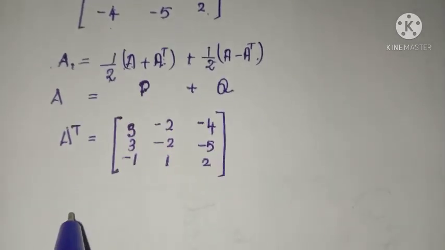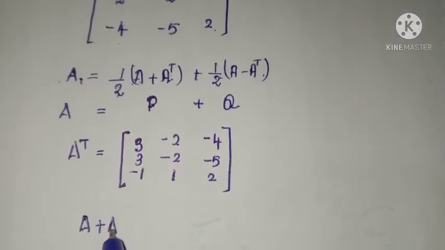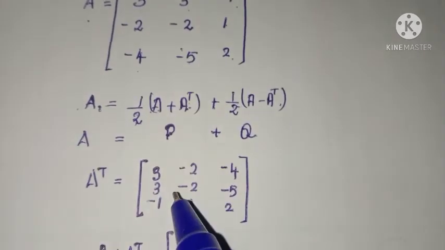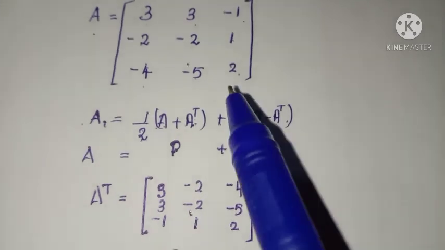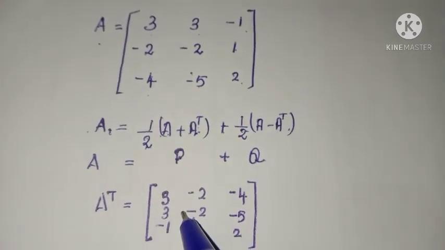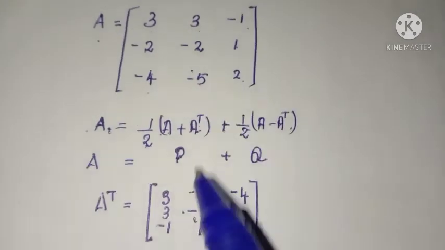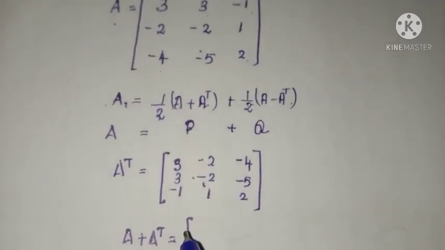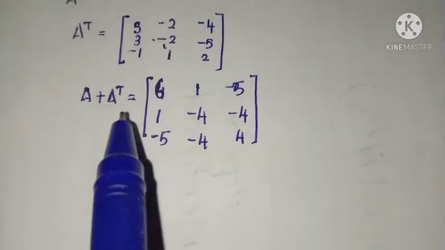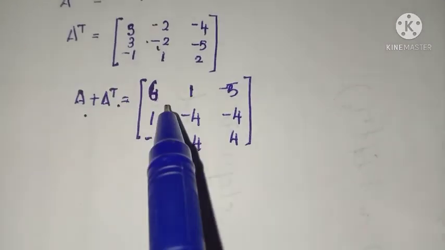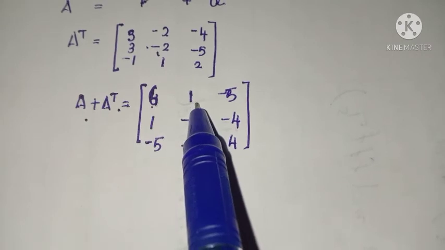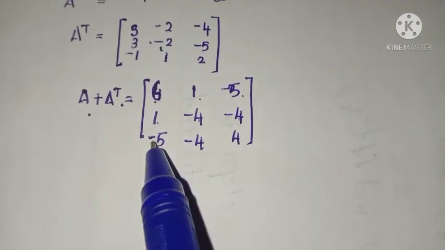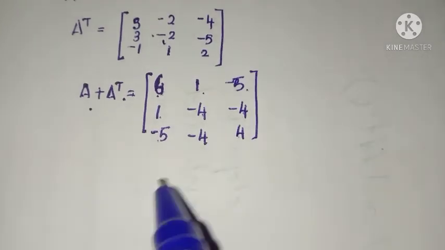Now what is the sum of A and A transpose? Sum means just add A and A transpose, that is element wise addition. Okay, corresponding elements we have to add so that the resulting matrix becomes, please note down, A plus A transpose equal to matrix 6, 1, minus 5; 1, minus 4, minus 4; minus 5, minus 4, 4.